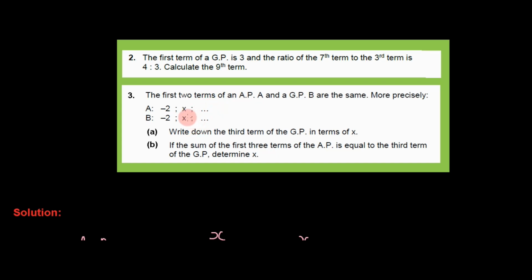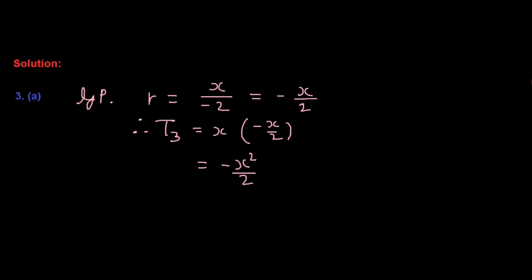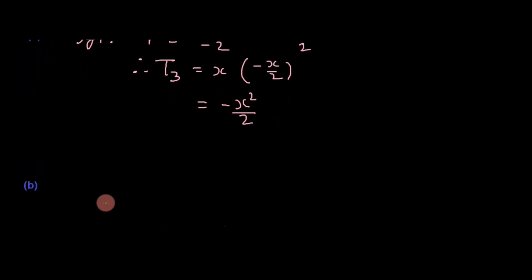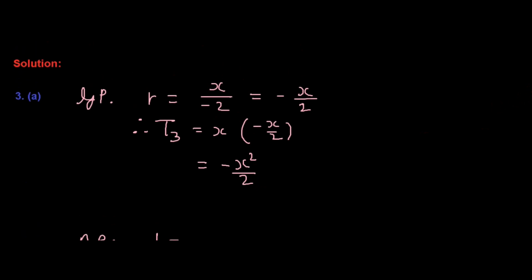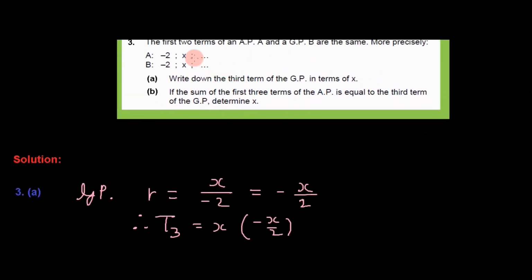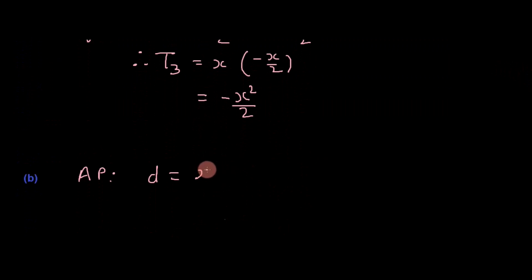In order to do that, we need a common difference, and then we need to add the common difference to the second term x. So let's first find the common difference. So for the AP, the common difference d is the second term x less the first term. So it's x less negative 2, and this is x plus 2.